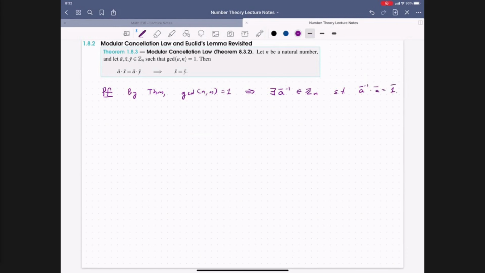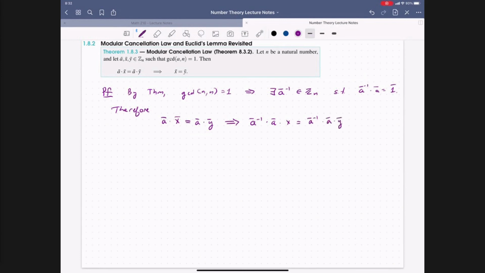Now, if we start with a bar times x bar equals a bar times y bar, from the lesson from Friday, we know that we can multiply both sides of this equation by a bar inverse.